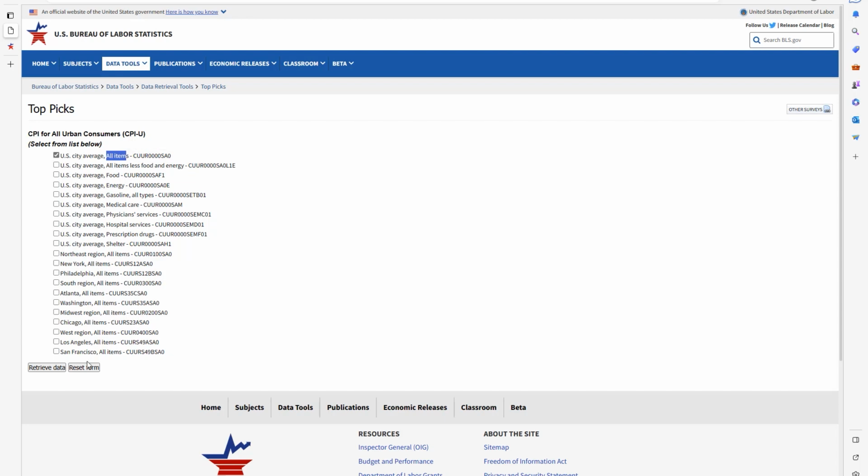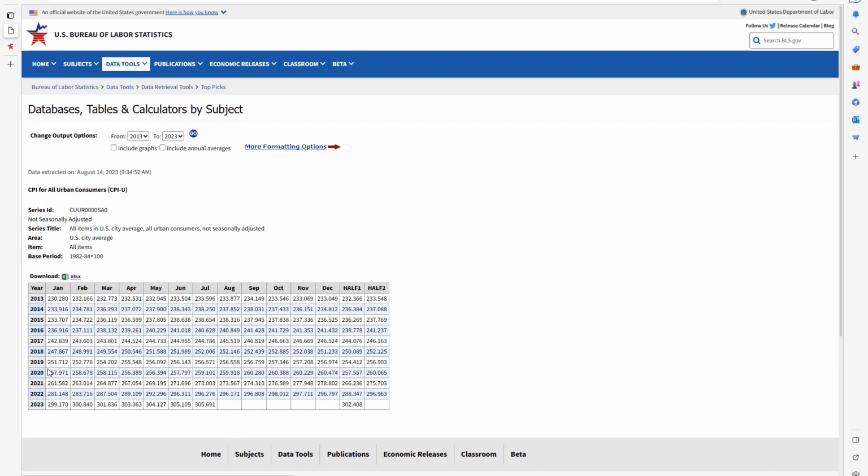So let's take all city averages. You can click on retrieve data, and then here you have the information that you would need. As I mentioned before, you have the various inflation measures or the values of the CPI. Note that this goes back a very long time.